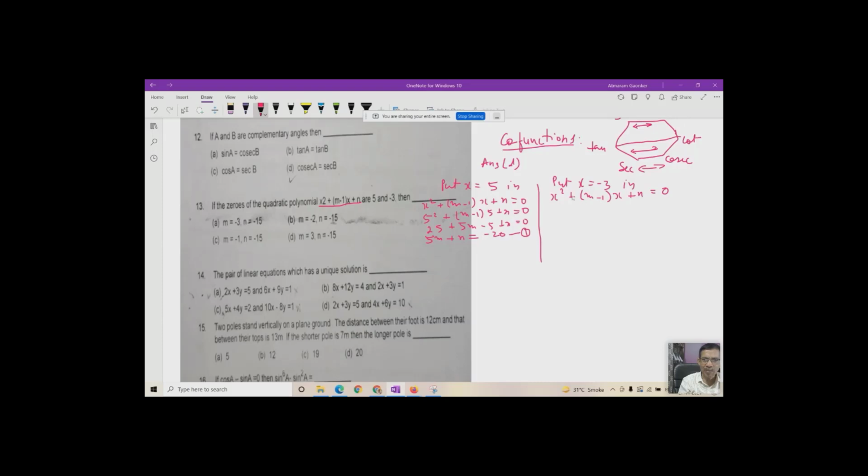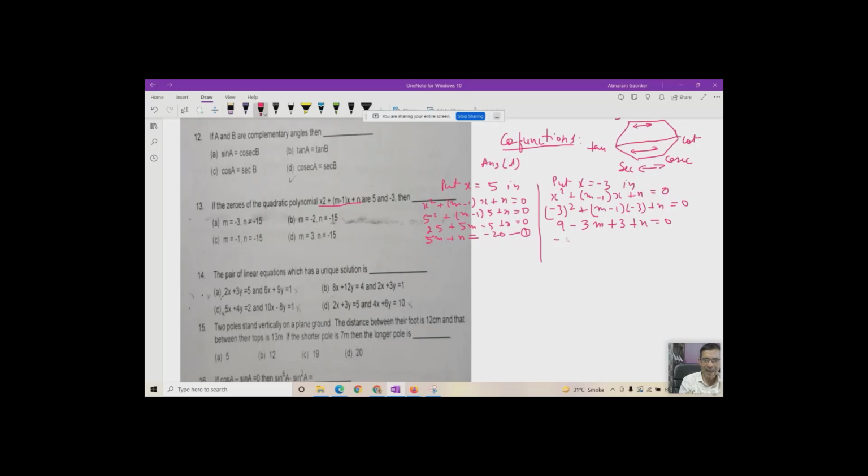This will be minus 3 whole square plus m minus 1 times minus 3 plus n equal to 0. So this will be 9 minus 3m plus 3 plus n equal to 0.